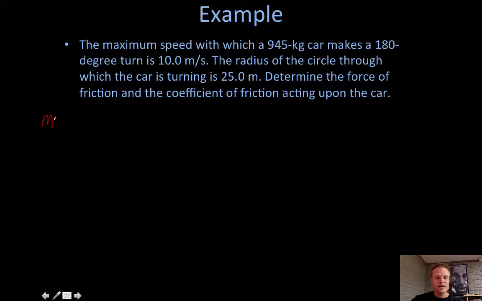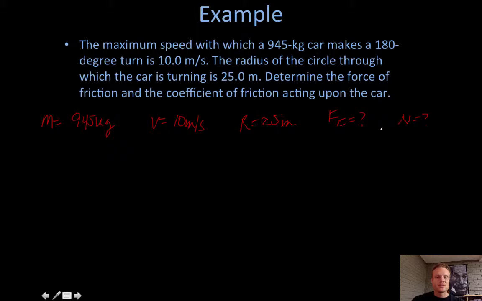It has a mass of 945 kilograms, a velocity or speed of 10 meters per second, and the radius is 25 meters. We're looking for the force of friction, and we're looking for the coefficient of friction, also known as mu.